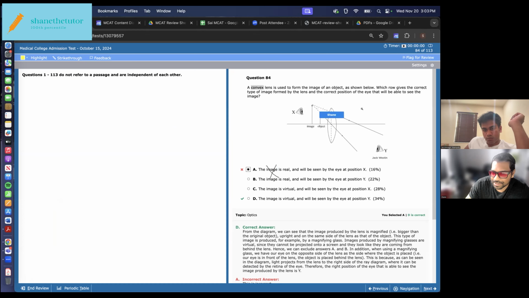The dotted lines that you trace backwards also indicate a virtual image. And if it's a virtual image, you can only see it from the opposite side of that lens. So that's why it'll be from position Y.